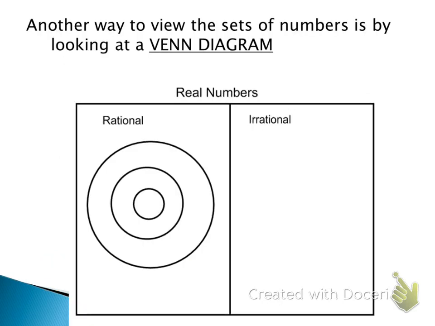Another way to view the sets of real numbers is by looking at a Venn diagram. So again, any number in this diagram is a real number. It splits into two big categories, rational and irrational. Within the rational numbers, our biggest set is the integers.